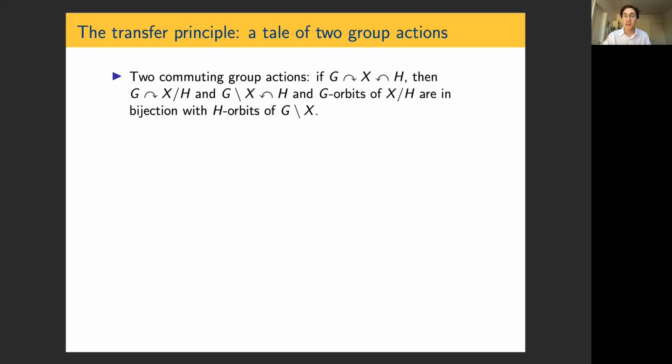Suppose that a group G acts on the left on a space X, and a second group H acts on the right. Then G will act on the left on X mod H, and H will act on the right on X mod G. The transfer principle tells us that the G orbits of X mod H are in bijection with the H orbits of X mod G.